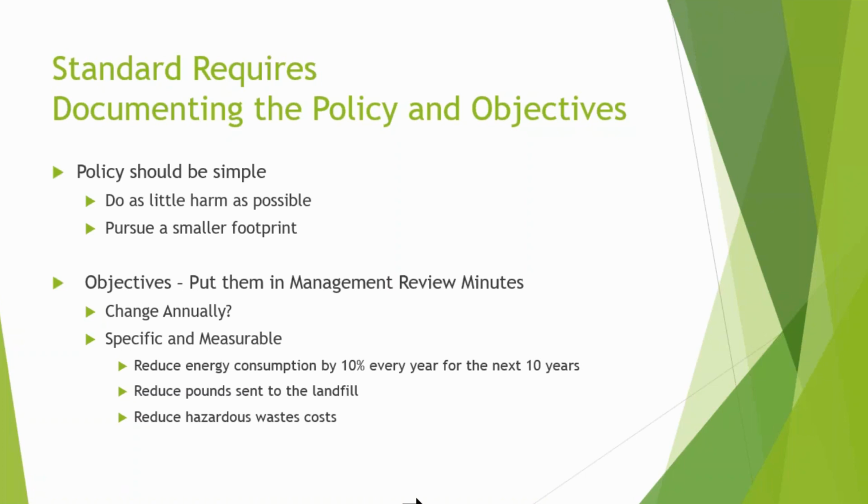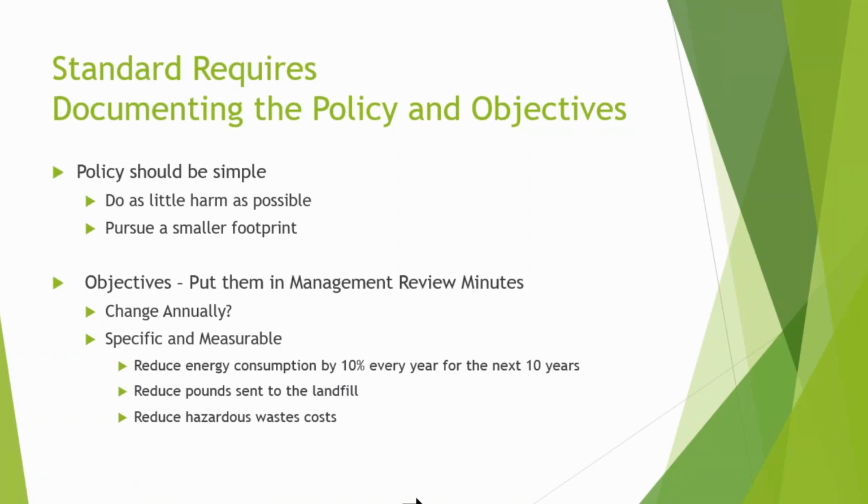Objectives, the natural place to keep those documented is in your management review. Objectives should change. They're not to be written in stone. They're new goals for that year. They're new objectives for that year. Remember, they must be specific and measurable. An example might be that we want to reduce our energy consumption by 10% every year for the next 10 years.